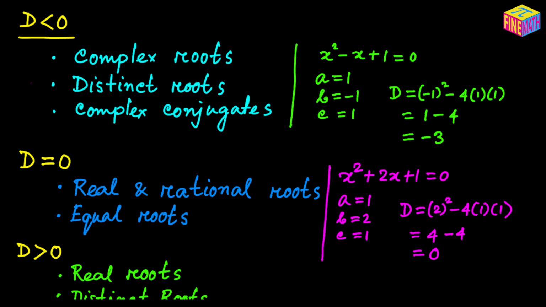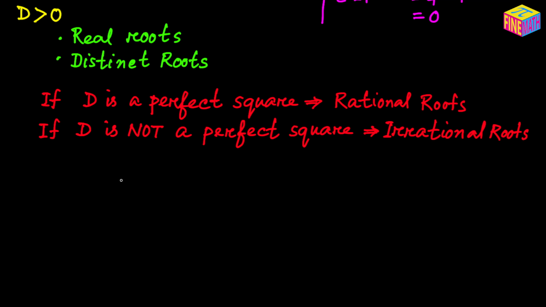Now let's take an example for the third situation. First we'll take this example. Suppose our quadratic equation is x squared minus 3x plus 2 equals 0. So here a is equal to 1 because the coefficient of the leading term is 1, and then b is equal to negative 3, which is the coefficient of the x term, and then c is equal to 2.